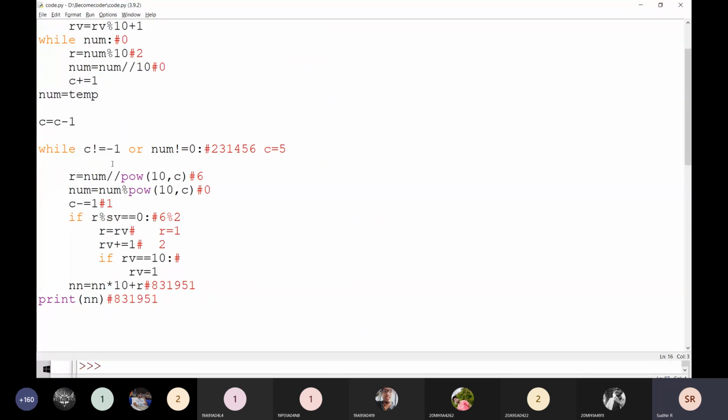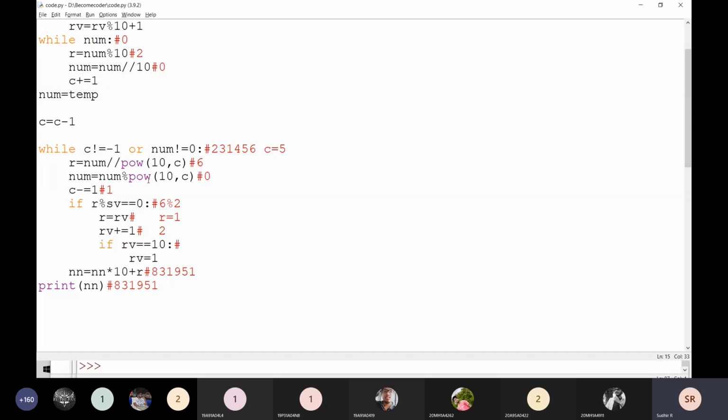The condition I have to write like this: if C not equal to -1 or num not equal to 0, then only it will be moving into the loop again and again. I'm converting the break condition into a normal condition. I think it is clear. Is it clear? Yes, sir. There is a problem and I'm going to rectify that problem.